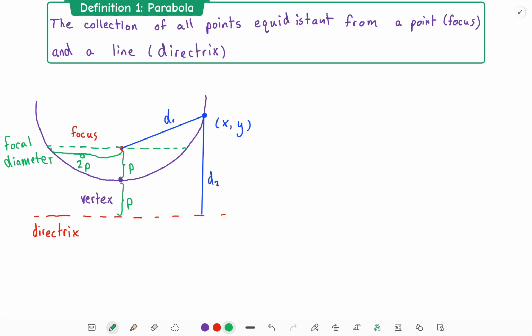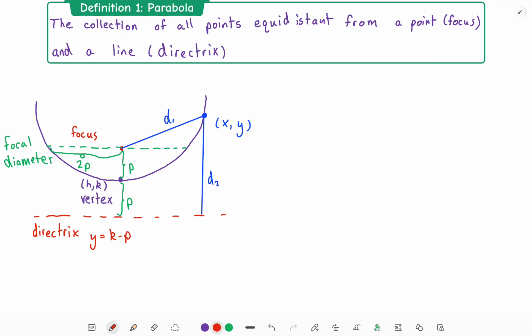Well, now we actually want to go through and find the equation of this parabola. In order to find the equation of the parabola, we have to identify what the vertex is. And just like in your college algebra course, the vertex I'm going to label with h comma k. That means our directrix, which is p units below that, is the equation y equals k minus p. Now, why isn't it h minus p?